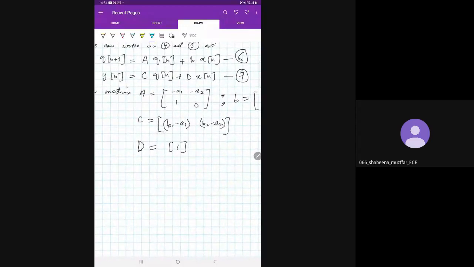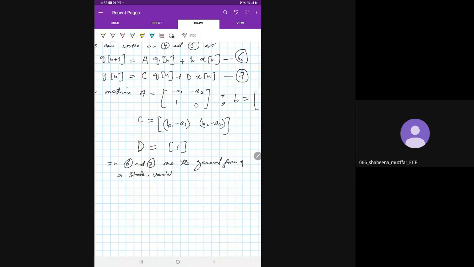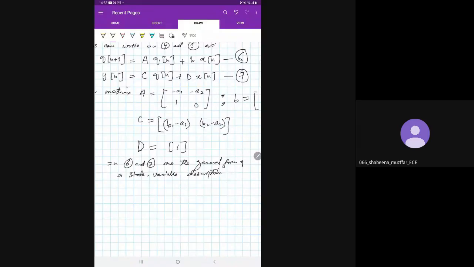So I'll write down here the discussion: equations 6 and 7 are the general form of a state variable description corresponding to a discrete time system.